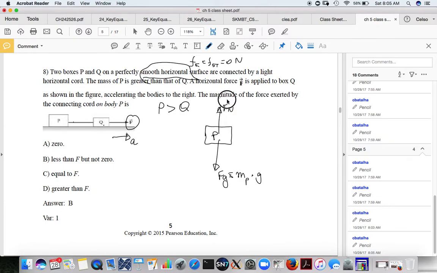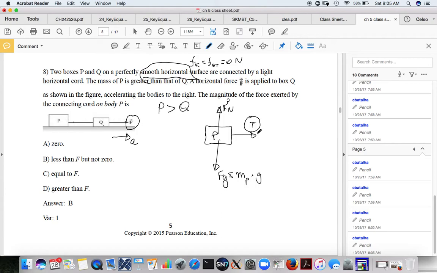And since there is no friction, I don't need to worry about friction, but I do have a tension in the cord. And the problem wanted me to say something about this tension force, the magnitude of the force exerted by the connecting cord on body P.